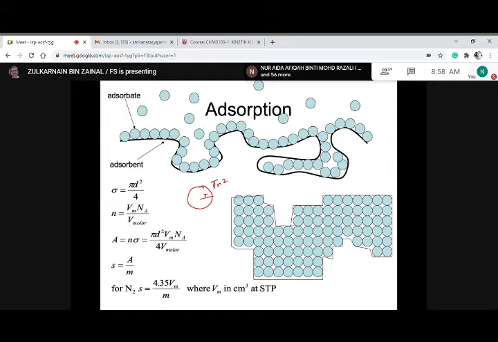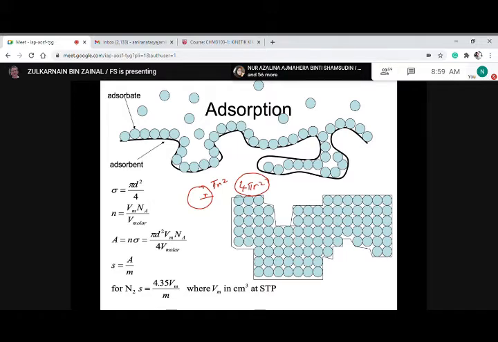Because we are referring to the cross-sectional area, remember, not the surface area. If it is the surface area, I think it is 4 pi r, something like this, or 4 over 3 pi r, so please check. But we are not looking at the surface area of the sphere. We are looking at the cross-sectional area.